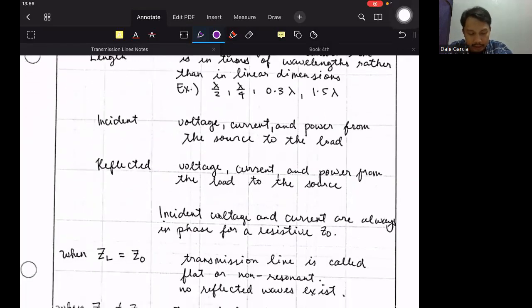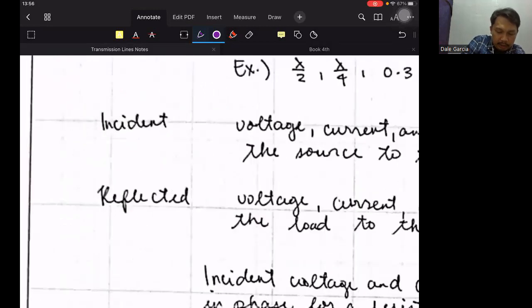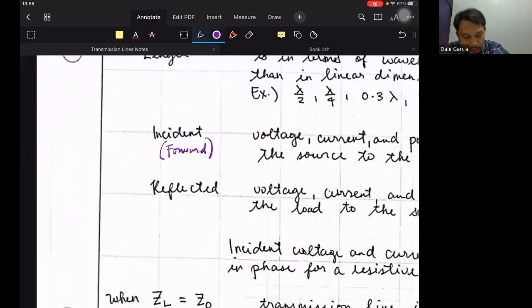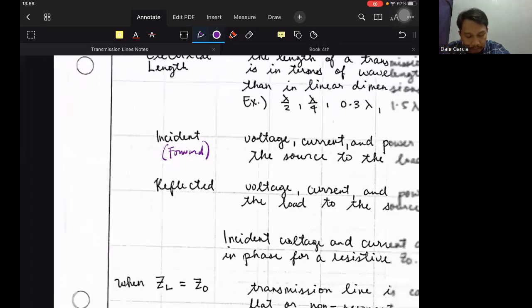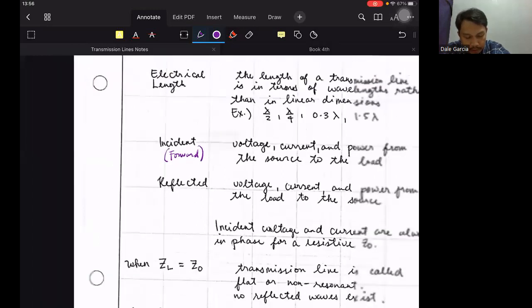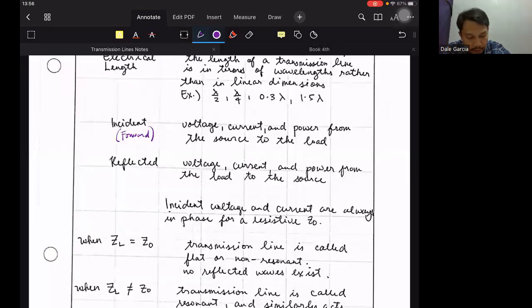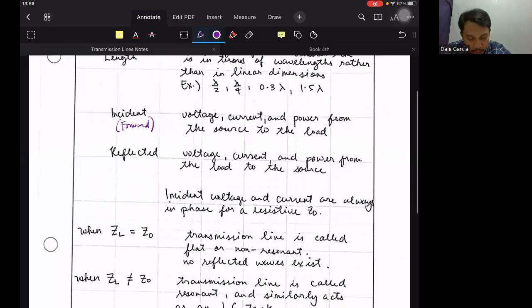So incident and reflected. Incident means forward, of course, and reflected is backward. This is the forward voltage, forward current, forward power from the source to the load. And the opposite, reflected, is the voltage, current, and power from the load to the source.